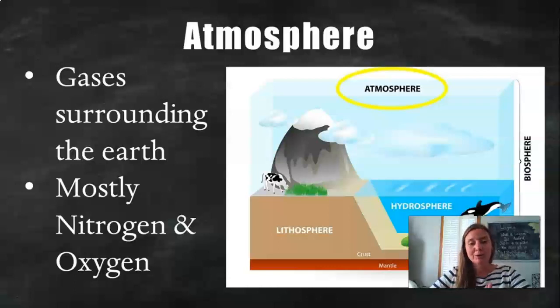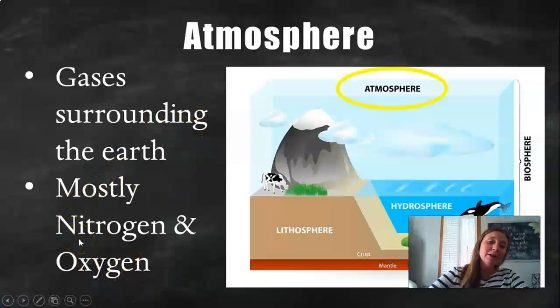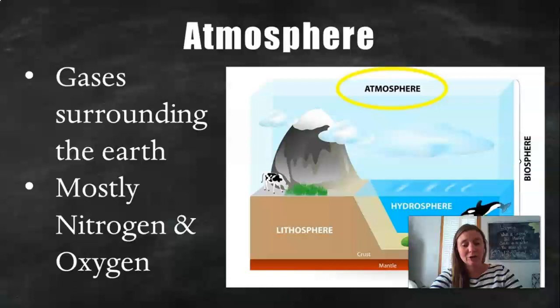You've probably heard the term climate change or global warming. Whatever you want to call it, that is due to the increase of greenhouse gases, like our methane and stuff, causing the atmosphere to act a little bit differently, which then causes things to change on our lithosphere and our hydrosphere and our biosphere.